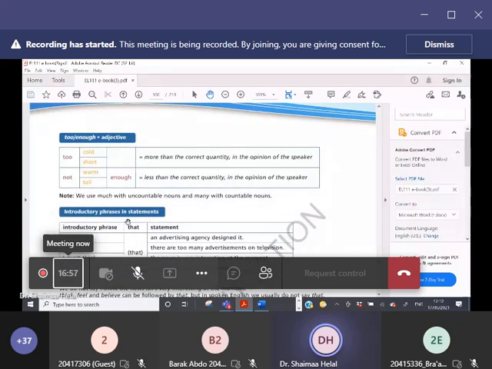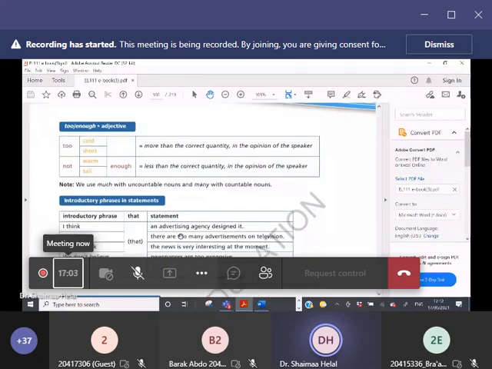What is the meaning of introduce? An introductory phrase that you are using in order to give the statement. Where is the statement here? An advertising agency designed it. So you need to introduce this statement. So you can say, I think. The most important point here is to use that. I think that an advertising agency designed it.